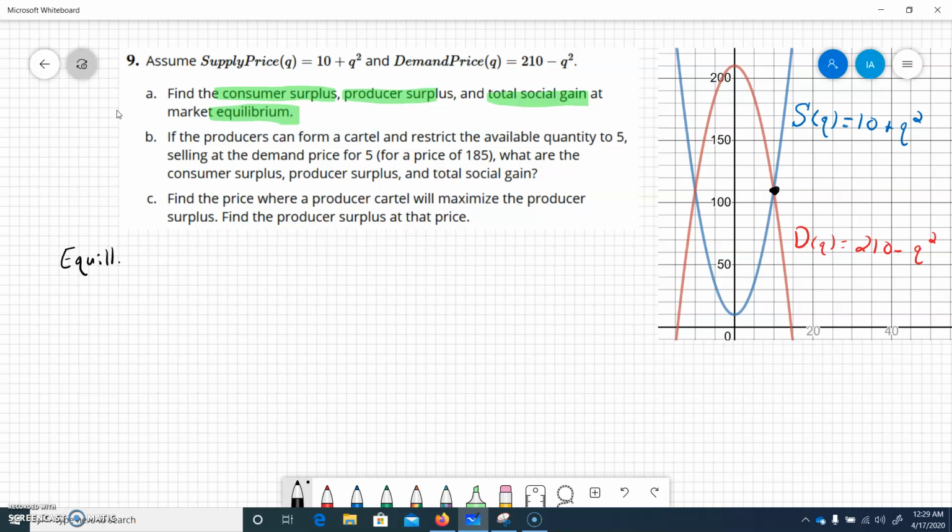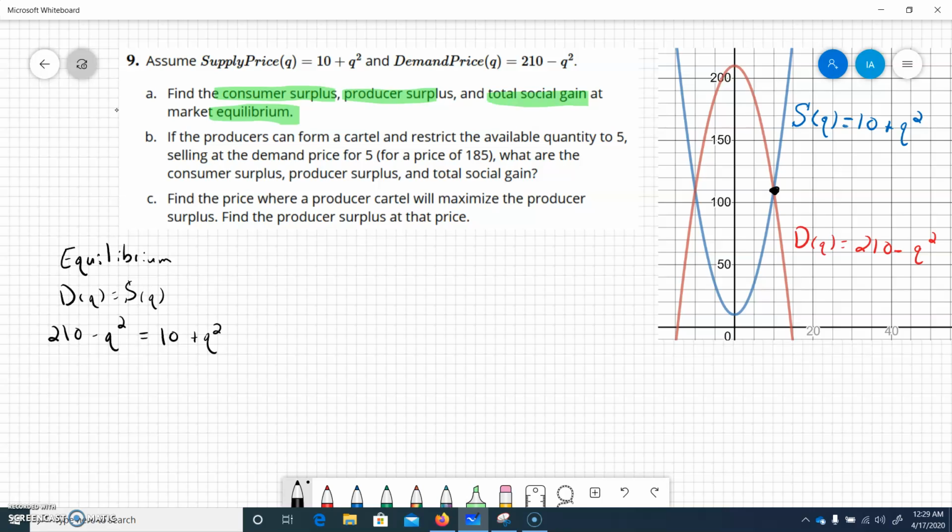Okay, so we'll say that the equilibrium is the demand equal to the supply. So demand is 210 minus q squared, and we'll set that equal to 10 plus q squared.